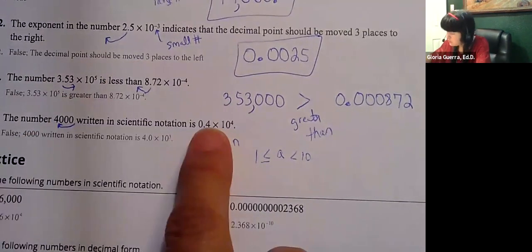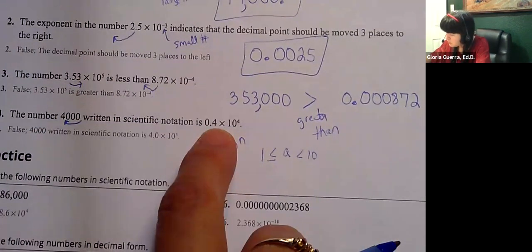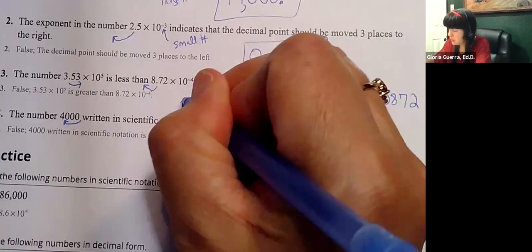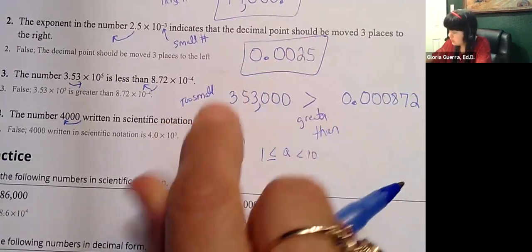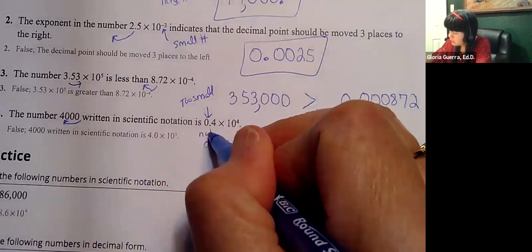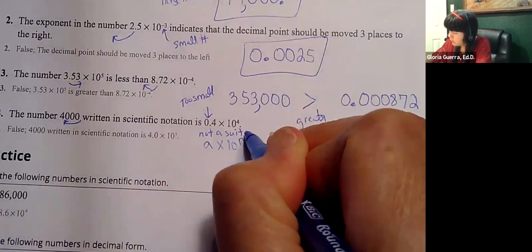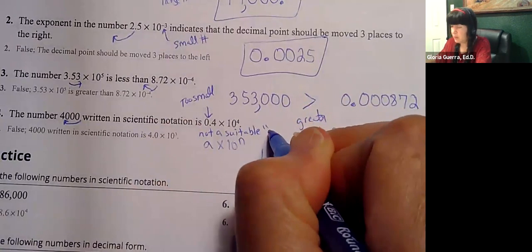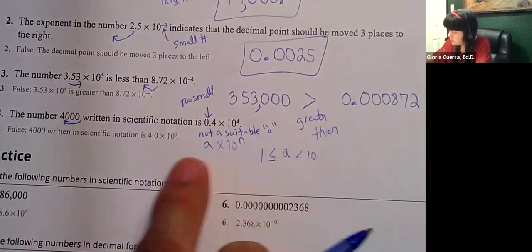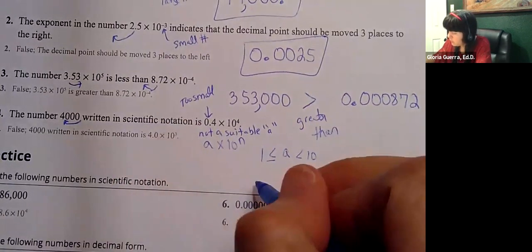That's too small. That's not a suitable a. It's got to be between 1 and 10. So this needs to be a 4.